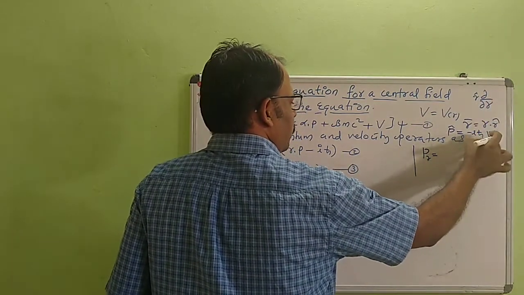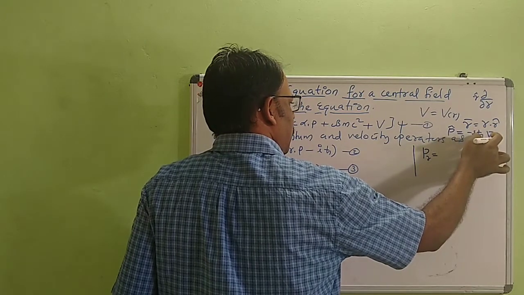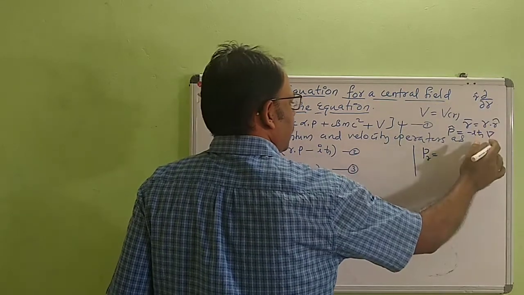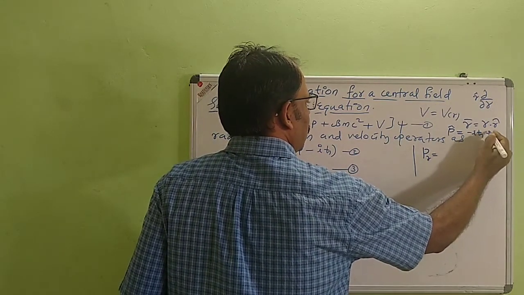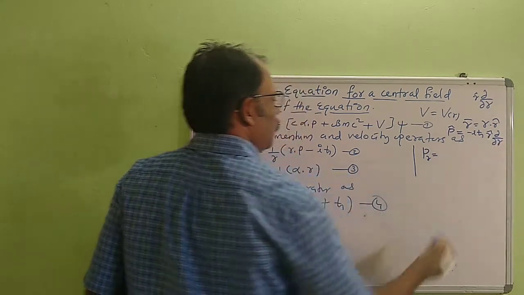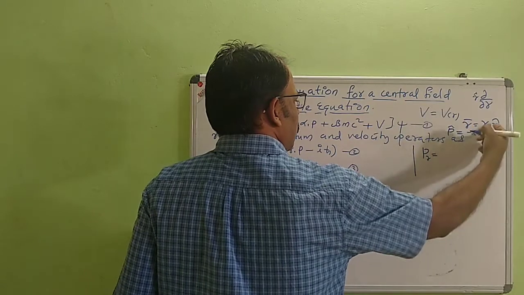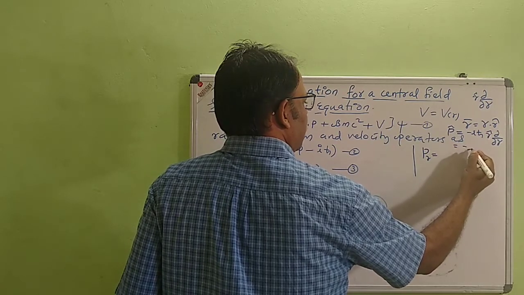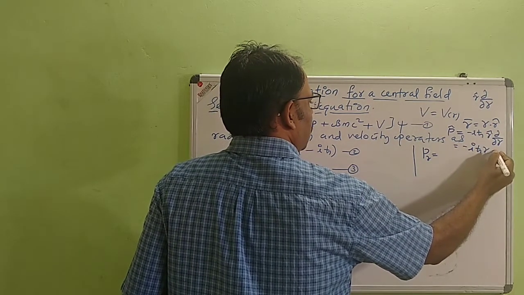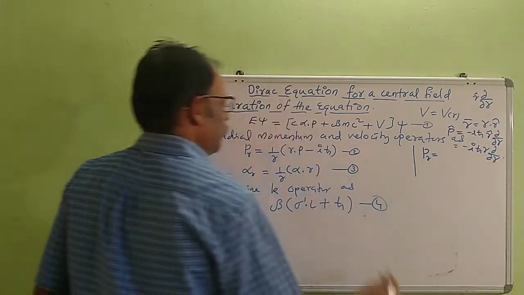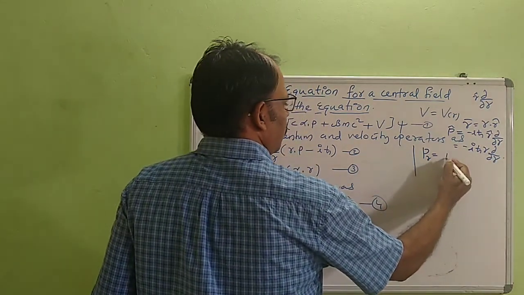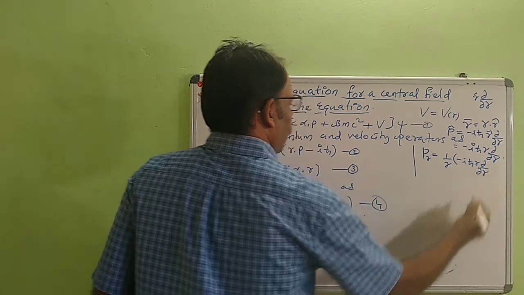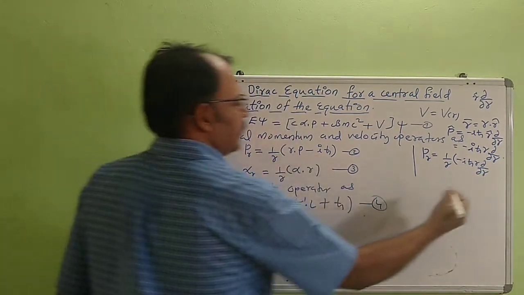So r cap dot r cap will be 1. Then the remaining thing we get is minus i h bar r dou by dou r.